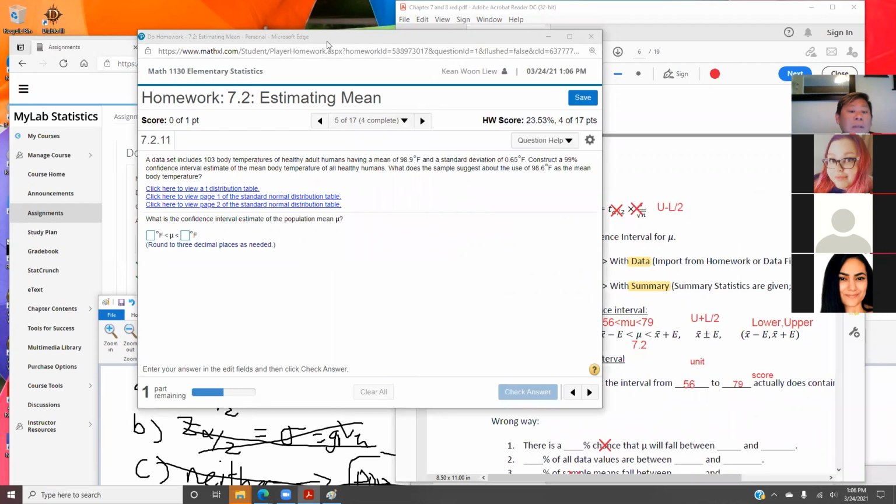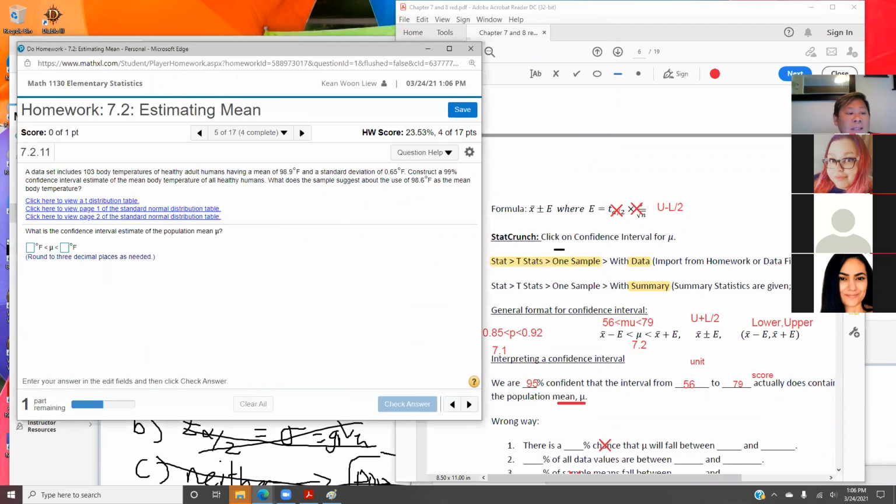So when you read this question, do they give you a bunch of data, or do they give you summary, the mean, standard deviation, and so on? This gives us summary, right? So you will use the second option.